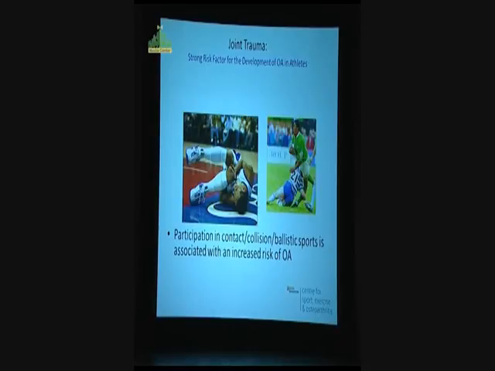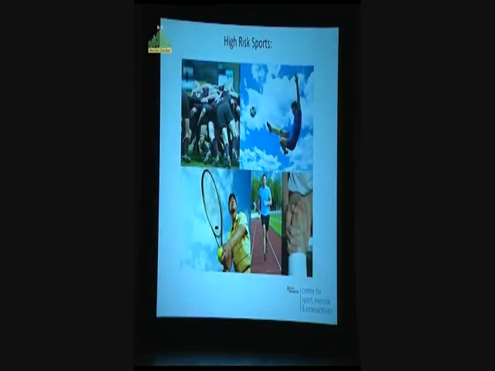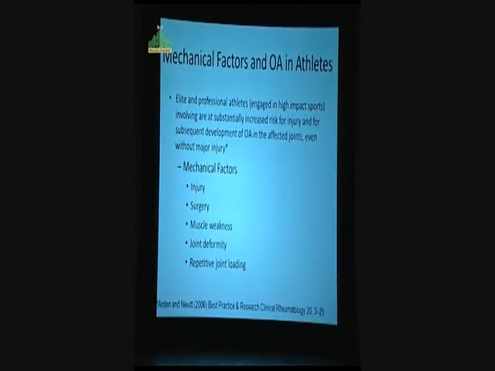Now, joint trauma is one of the key contributors to the development of osteoarthritis, and participation in sports that involve contact, collision, and excessive force on the joints are key risk factors. Sports such as rugby, football, even tennis, professional tennis, running are all potentially going to be high-risk sports.